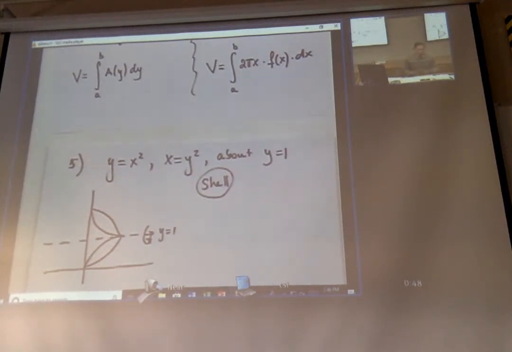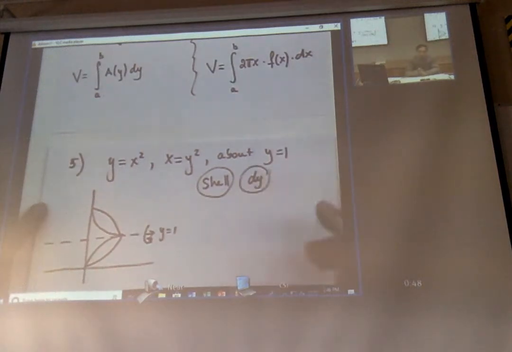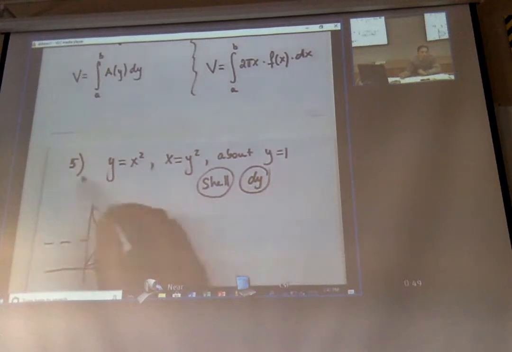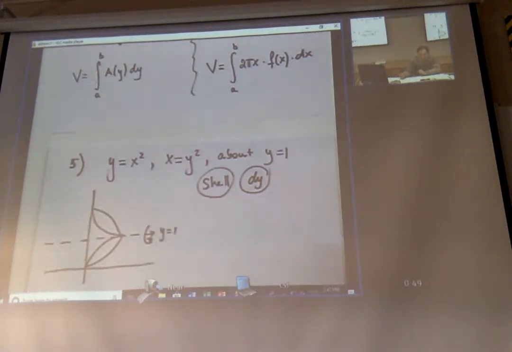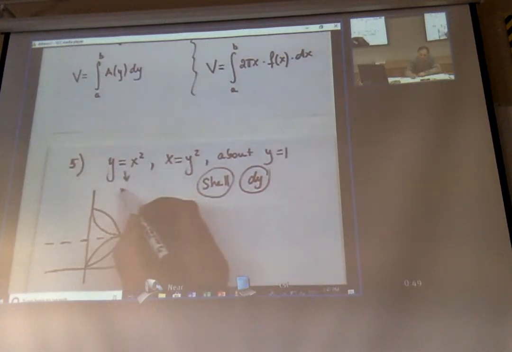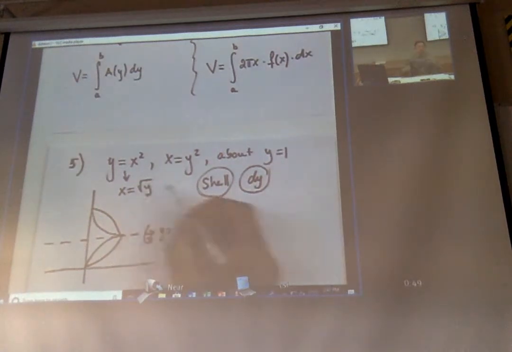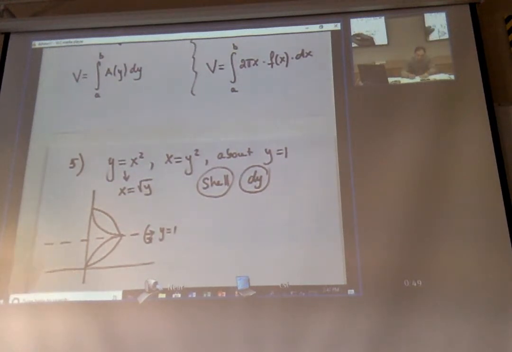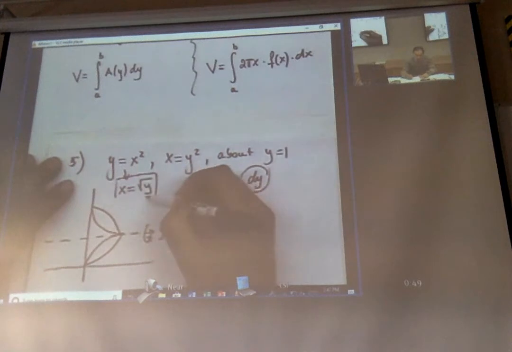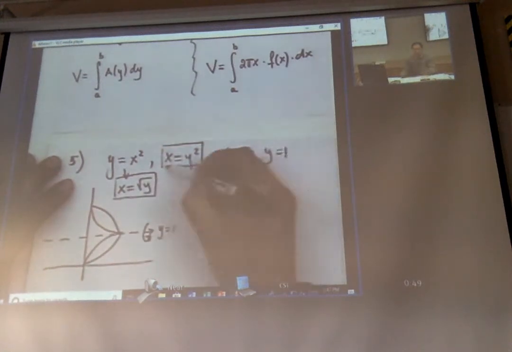And this will be the opposite, so dy. Now, if you see this dy right away, then everything you have over here must be changed to y. So x equals, square root of y. I should put plus or minus, but based on the picture I have positive, so I'm not going to put plus or minus. We will be using this one for our integral.